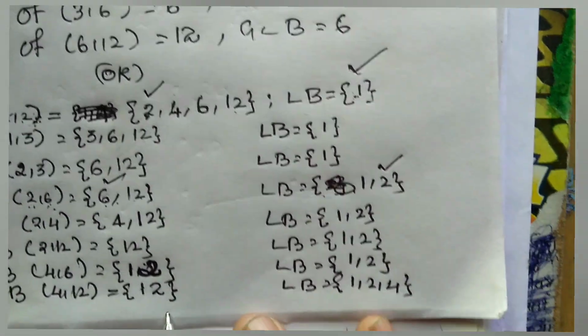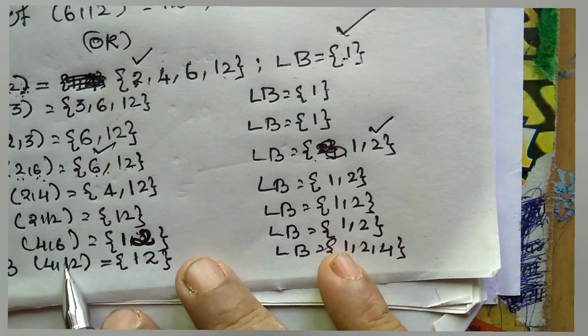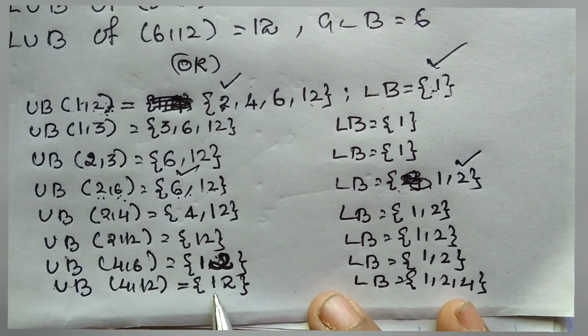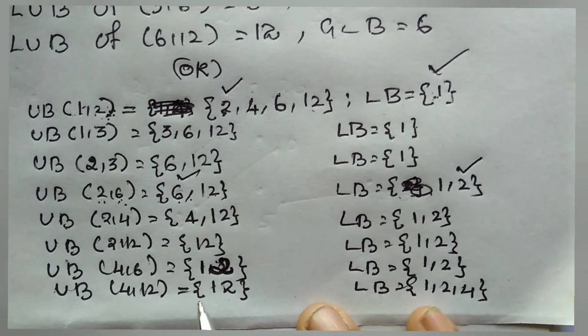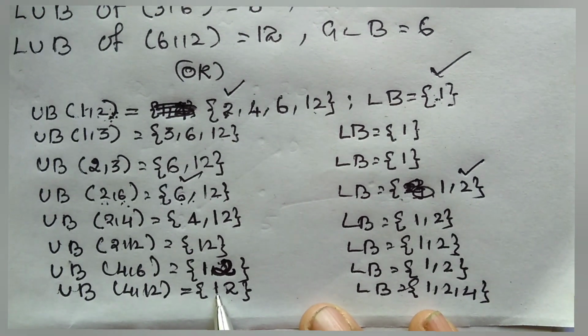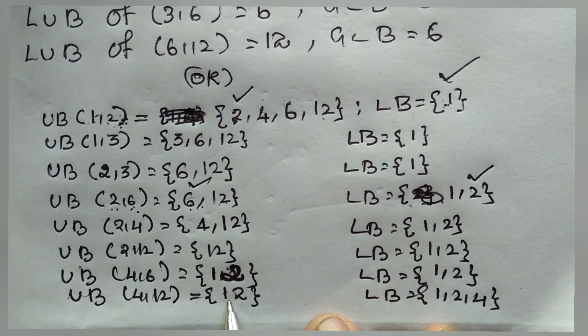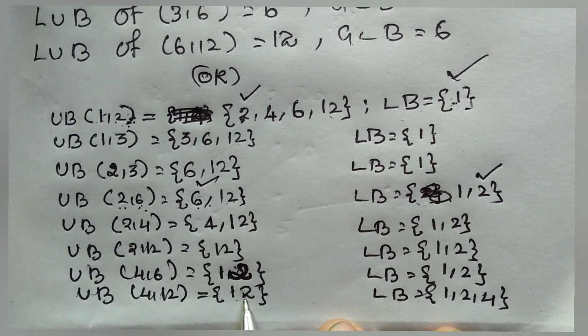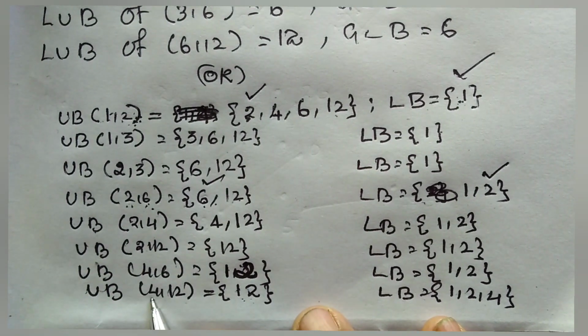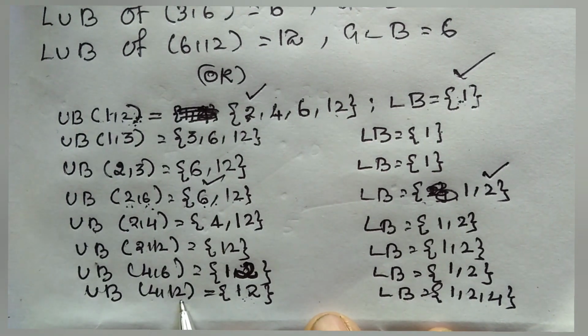Suppose you take 4 and 12. The number which is divisible by both 4 and 12 is 12, because 12 is divisible by 4 and 12 is divisible by 12.